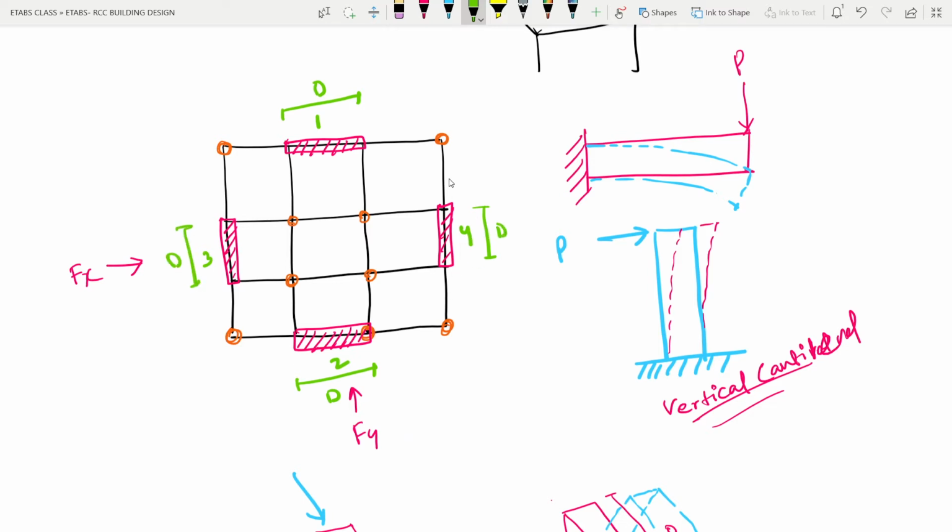So in this direction we will be having the in plane bending, for which it is strong, but the shear wall number 1 and 2 will be weak enough, because in that case they will be having out of plane bending, for which it is weak, right?